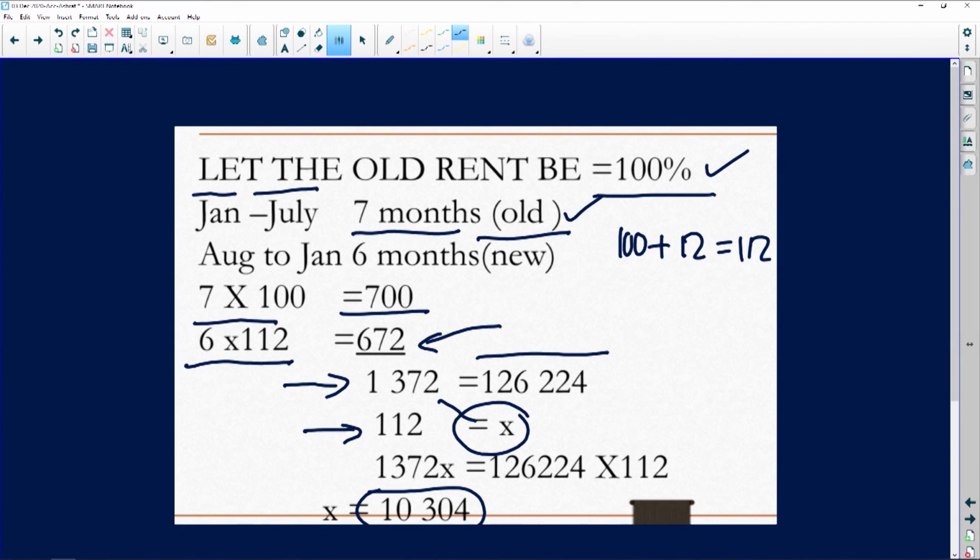Sometimes you have a caring landlord who says, look, we're going through a tough time, there's an economic downturn in the economy, we're reducing your rental by 8%. Then it will be 100 minus 8% to give you 92. Got it? So please, like I said, RTFQ. Okay, we've done that.